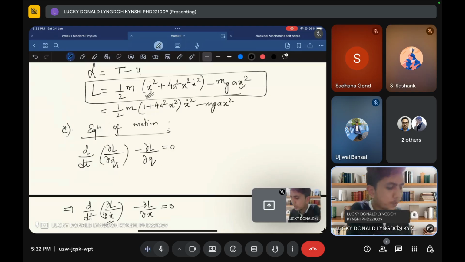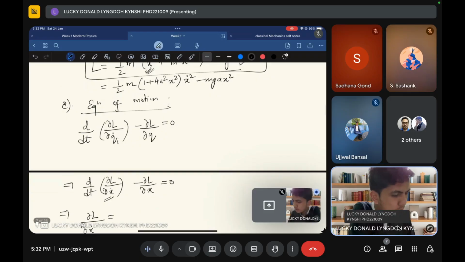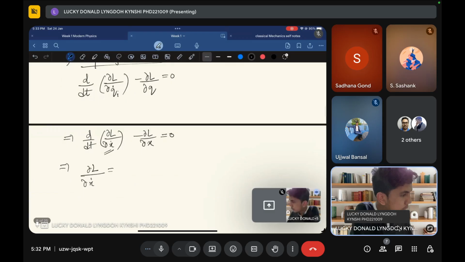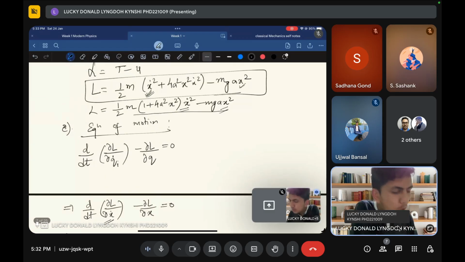If you take del L by del x dot, that means you have to differentiate this with respect to x dot. And if you take del L by del x, then you have to differentiate this equation with respect to x. So del L by del x dot is equal to what? Since in the second term there is no x dot, this term will go to 0.